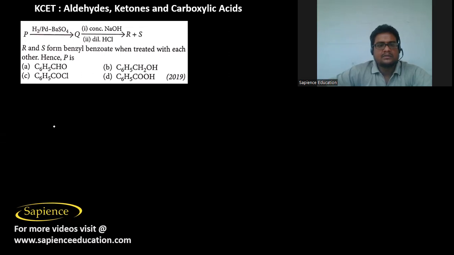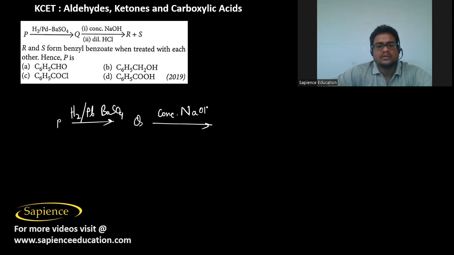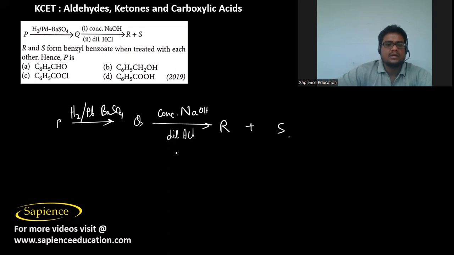Then it is told that the compound P undergoes hydrogenation with H2/Pd in the presence of barium sulfate to give the product Q, which again, in the presence of concentrated sodium hydroxide and dilute hydrochloric acid, will give the products R and S. Then it is told that R and S form benzyl benzoate when treated with each other.